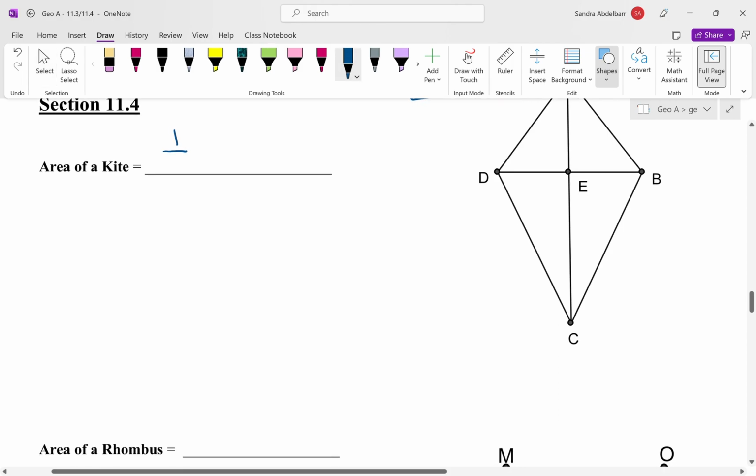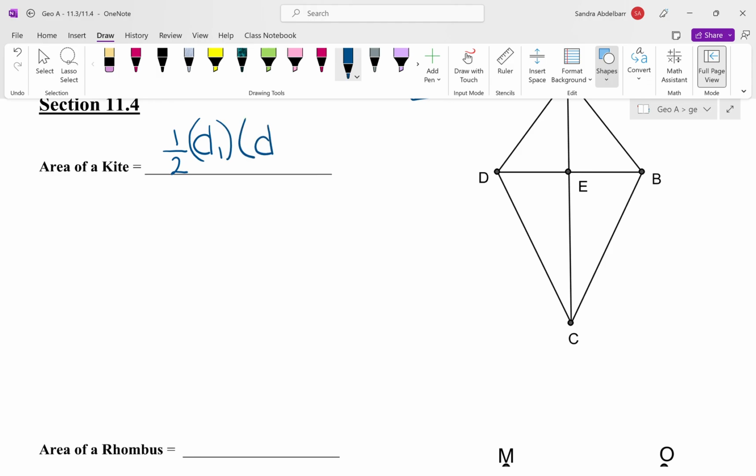Area of a kite is half D1 times D2. Not plus, times. What do you think D1 and D2 represent?